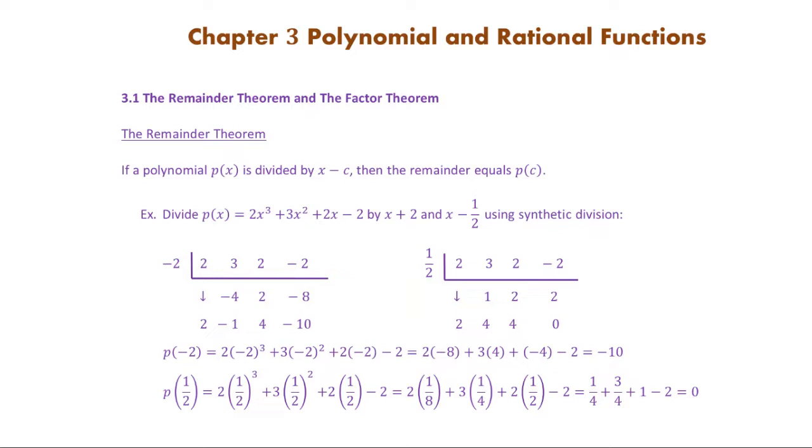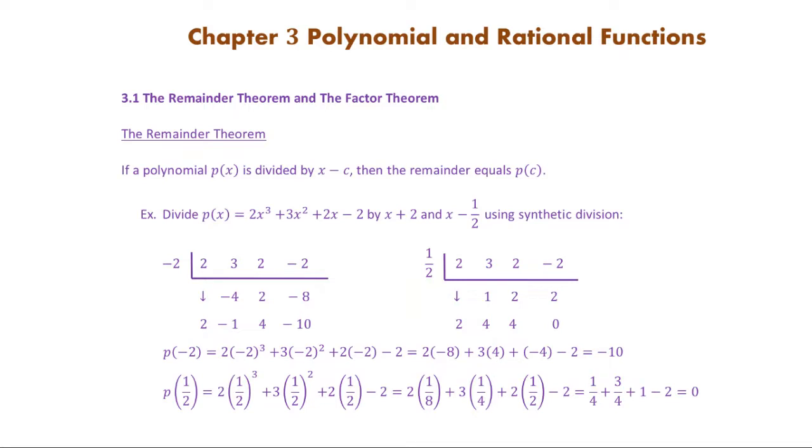And then you add 2 with 2, you get 4. And then multiply 4 by negative 2, you get negative 8. And then finally you add negative 2 with negative 8, you get negative 10. So it's multiply up, add down, again, right? So we got the quotient, and we got the remainder for this division.